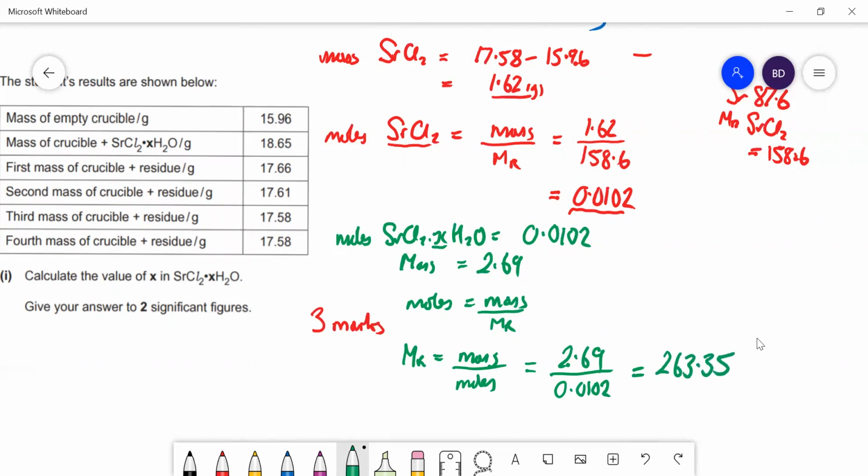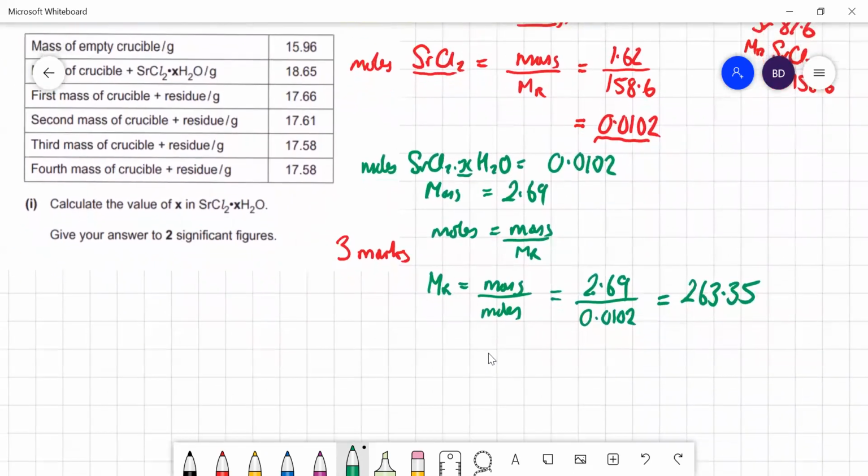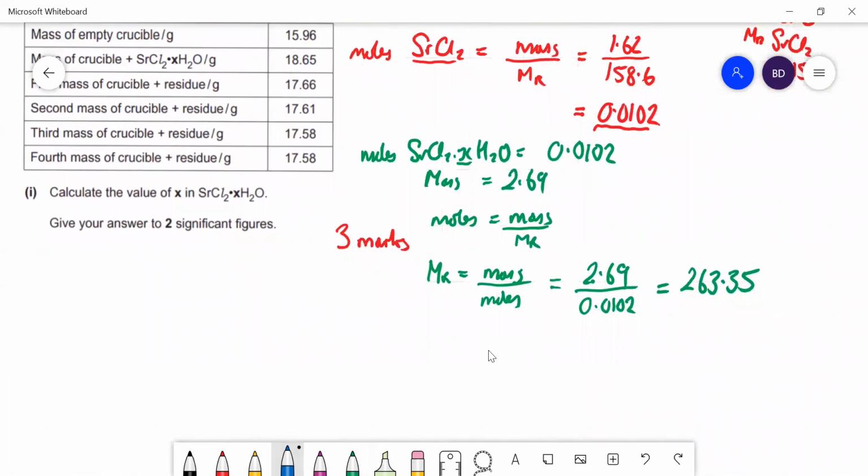Okay. Now, I'll just write down the formula there. So we've got this hydrated salt, SrCl2.xH2O. We know the MR of that bit there. Well, we worked it out. Look, it was 158.6.